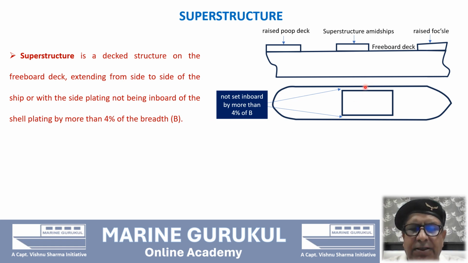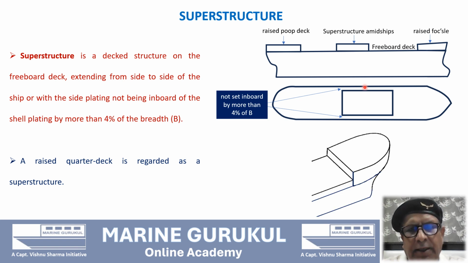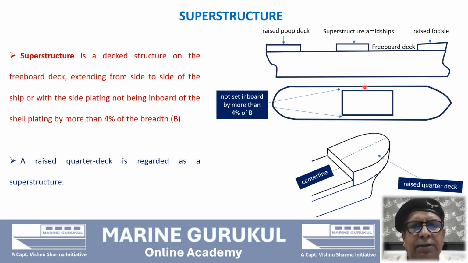If it is set in by more than this margin, it shall fail to be qualifying as superstructure. Raised quarter deck is regarded as a superstructure, and this diagram shows us what is meant by raised quarter deck.